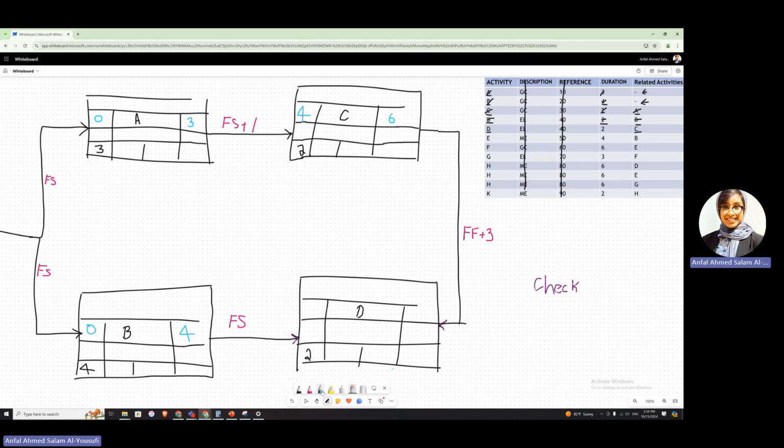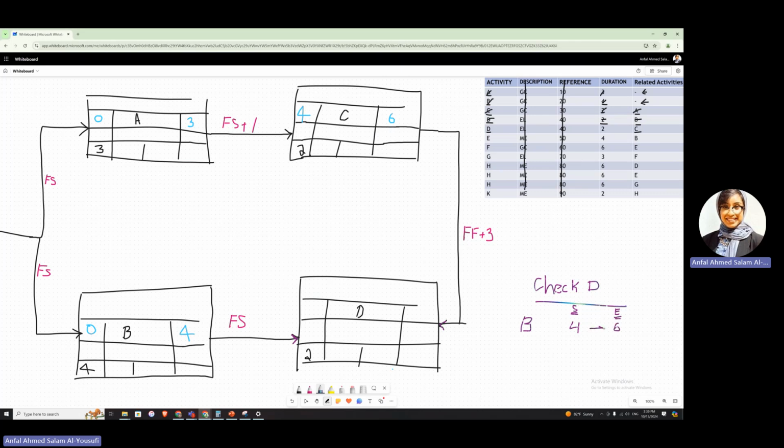If it is coming from B, the starting point would be 4 and the ending point, because the duration is 2, would be 6.